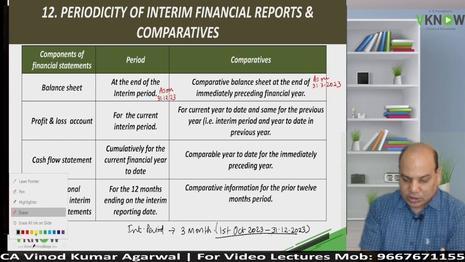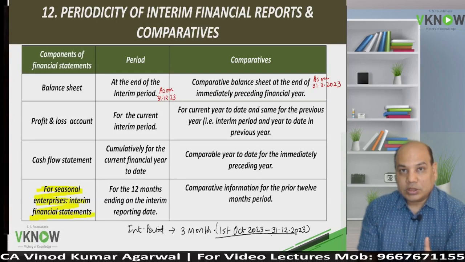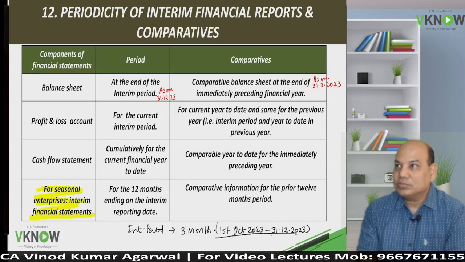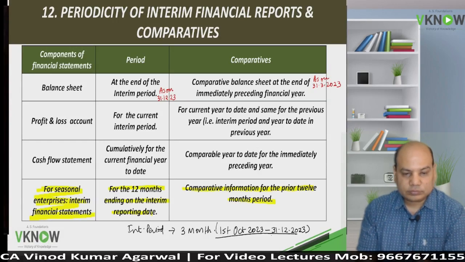But if you are a seasonal business, highlight, underline, then the seasonal companies will have to prepare some additional balance sheet. Seasonal company will have to prepare some additional balance sheet for the 12 months ending on the interim reporting date and comparative information for the prior 12 months period.